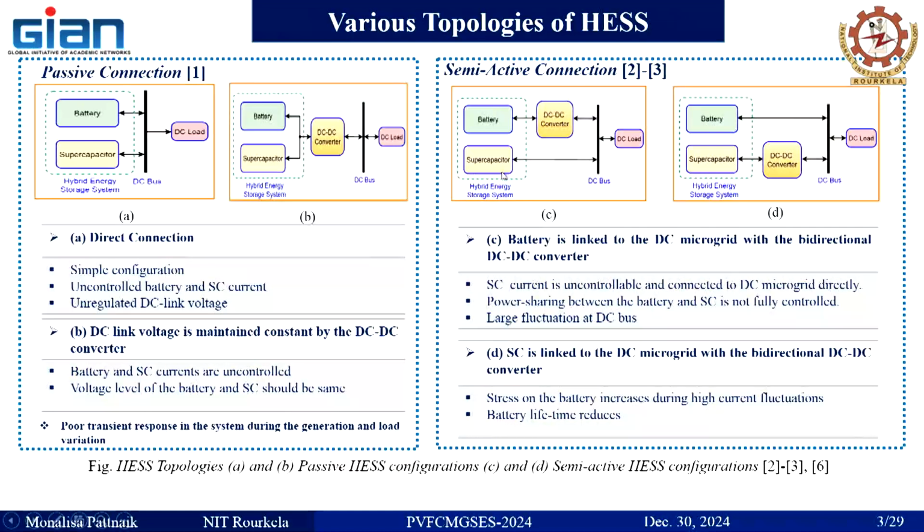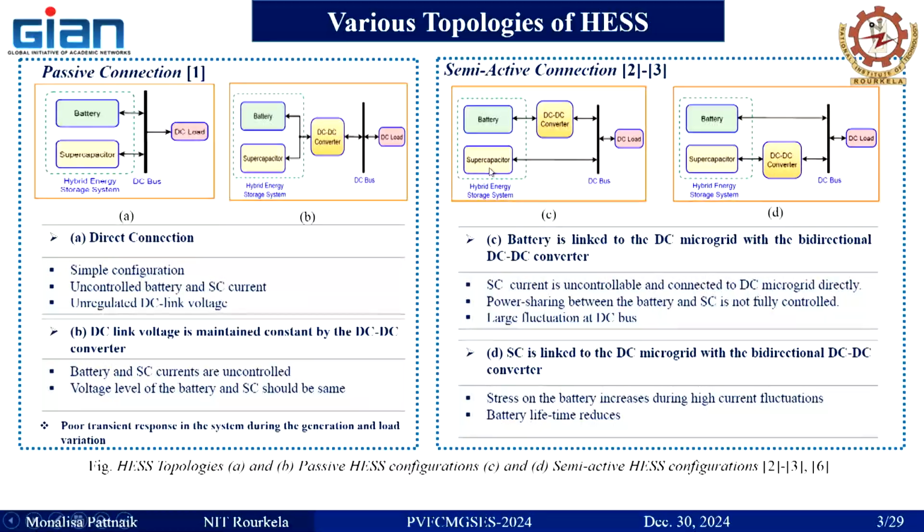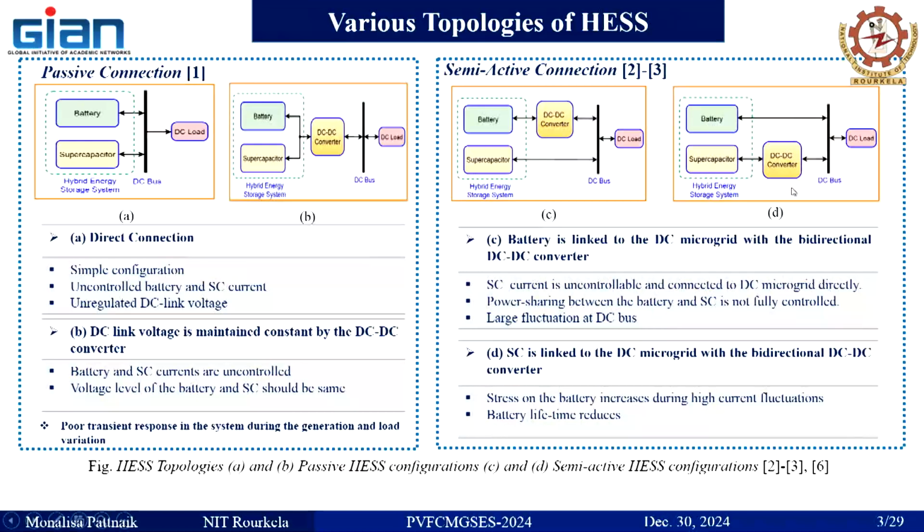Then coming to the semi-active topology, here either the battery is connected to the bus through a DC-DC converter and the supercapacitor is interfaced directly, or the reverse: the battery is connected directly and the supercapacitor is through the DC-DC converter. What is the drawback of this system?